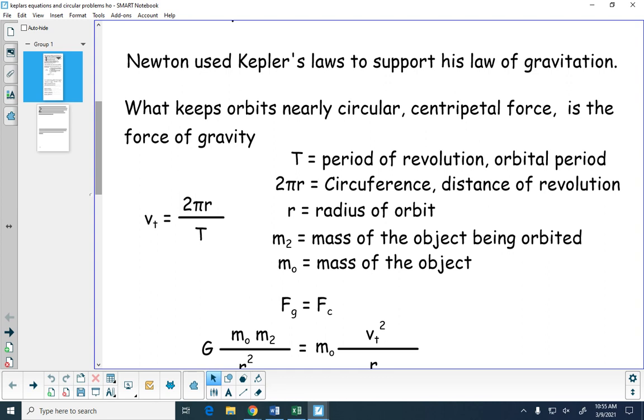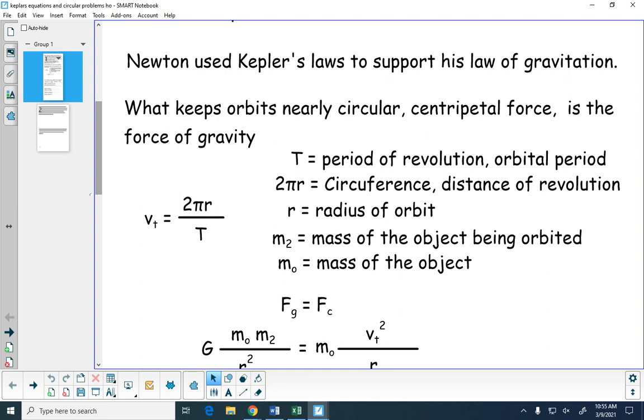So the Earth would be the mass of the object going around the sun, and M2 would be the sun. The moon goes around the Earth. The Earth is now being orbited, so the mass of the object is the moon. Whatever is orbiting is the mass of the object.